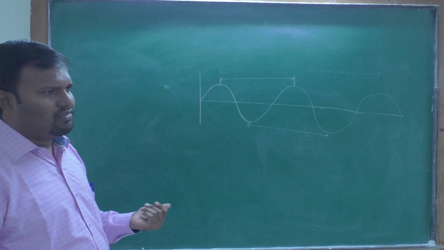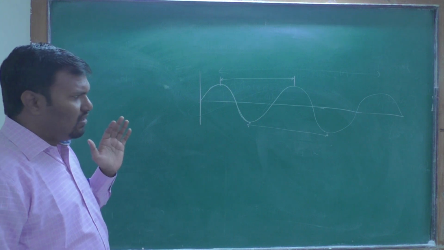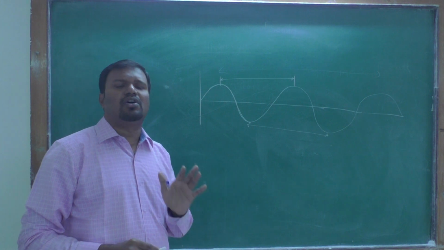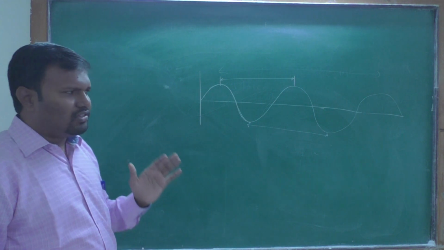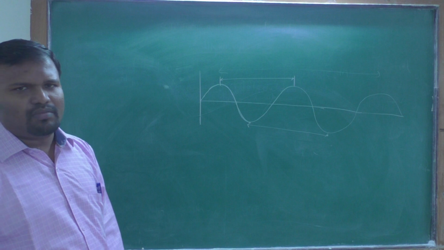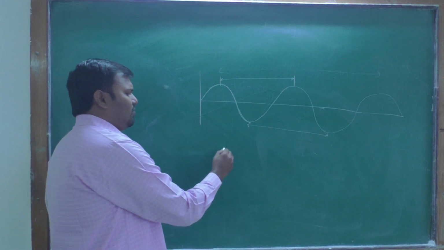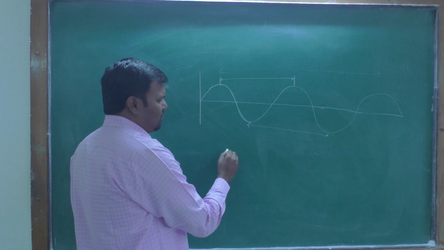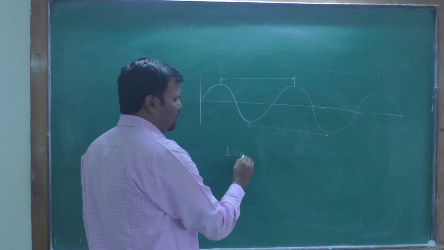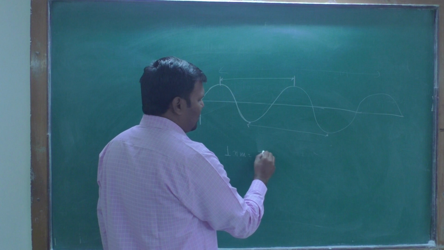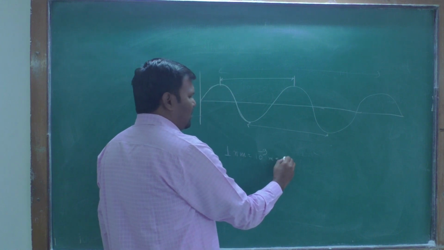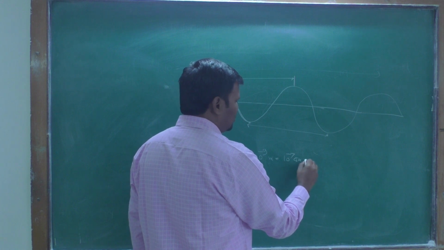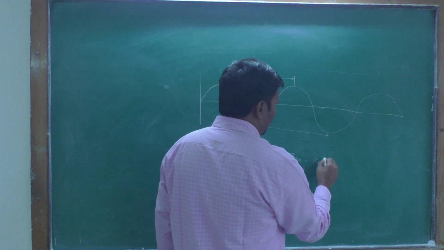Such units we use to find out the very small wavelengths associated with electromagnetic radiation. For such units, 1 nanometer is equal to 10 raised to minus 9 meter, which is equal to 10 raised to minus 7 centimeter, which is equal to 10 Angstrom units.